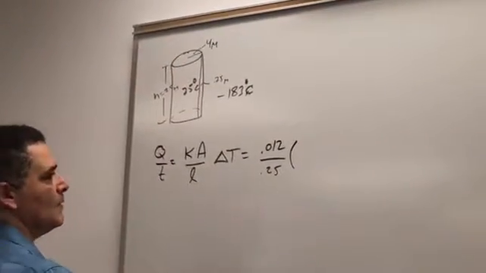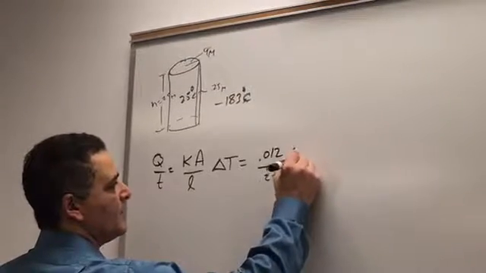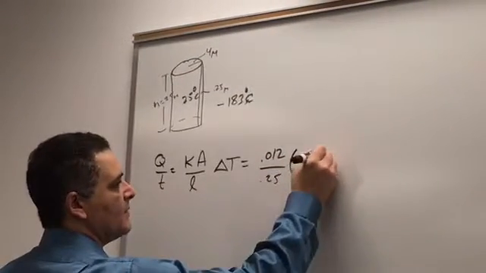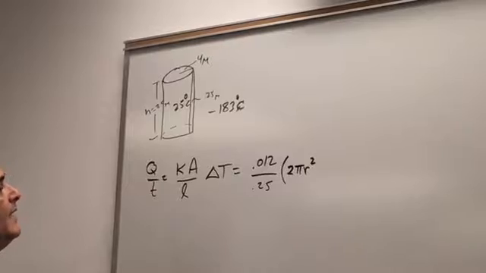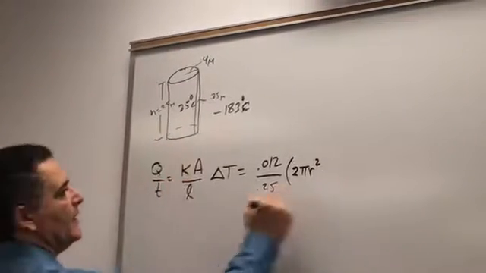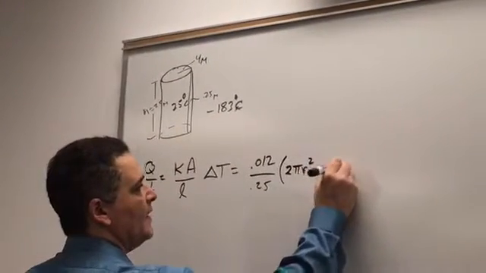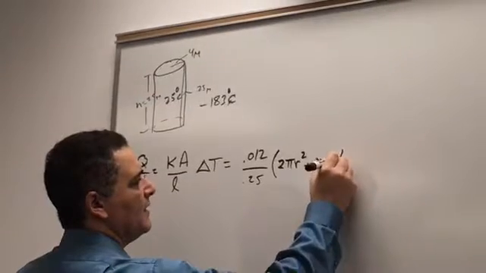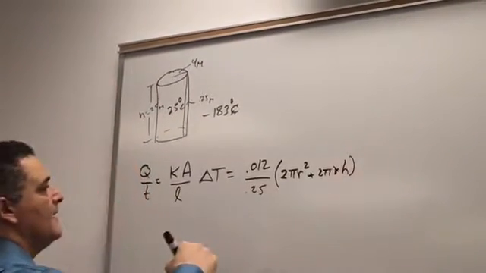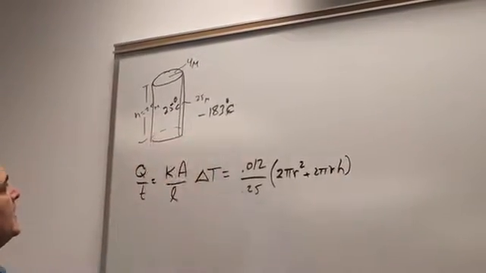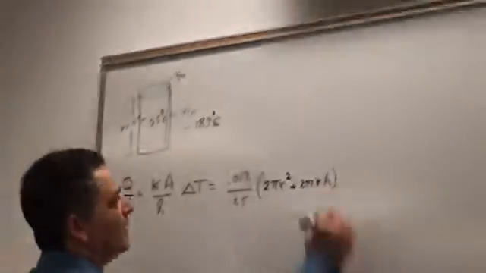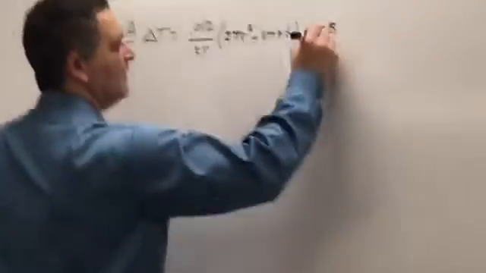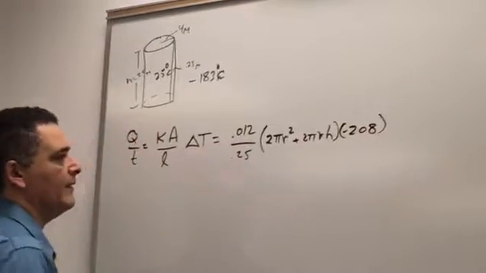The top and bottom are circles, so 2 pi r squared, and the sides are 2 pi r times h. The change in temperature is negative 208 degrees Celsius.